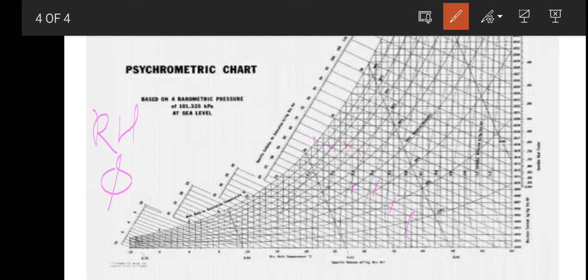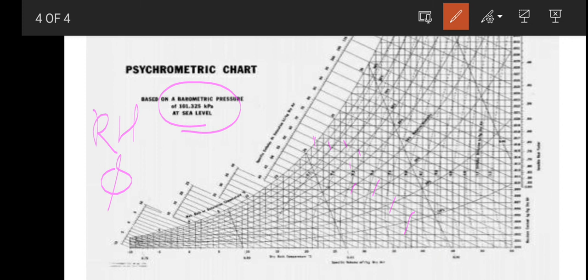This chart is at sea level, and the properties are represented at an atmospheric pressure of 101.325 kilopascal.